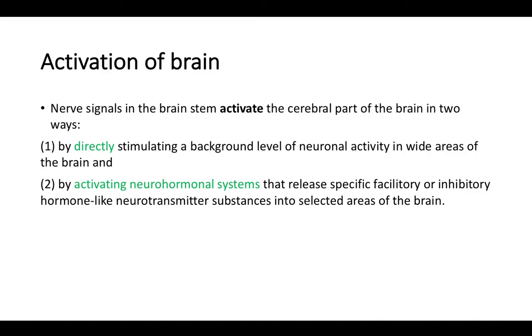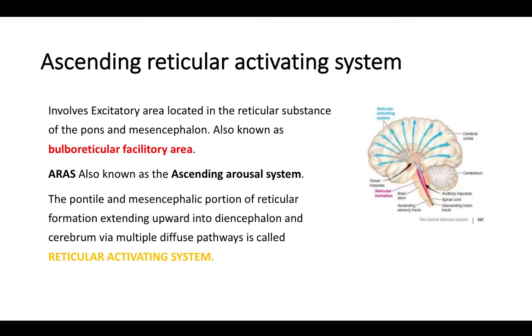The neurohormonal system, which can be facilitatory or inhibitory, is mainly a result of certain neurotransmitter substances which act on selected areas of the brain. So activation of the brain occurs in two ways: one by direct activation and two by neurohormonal systems.